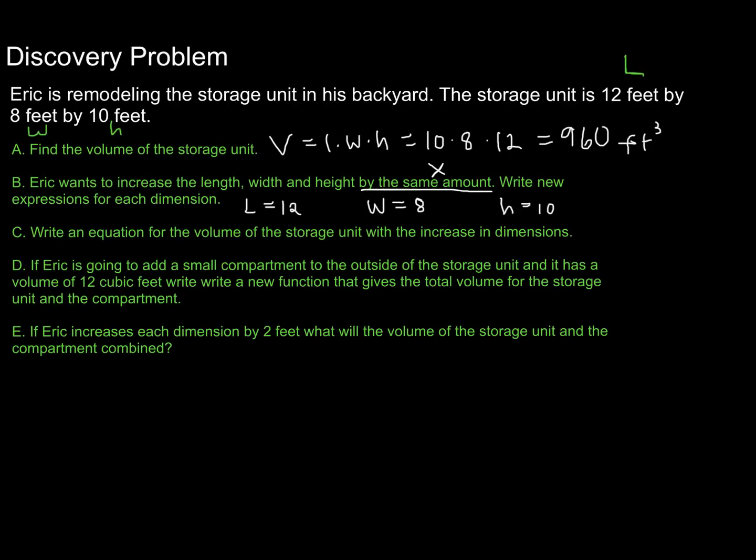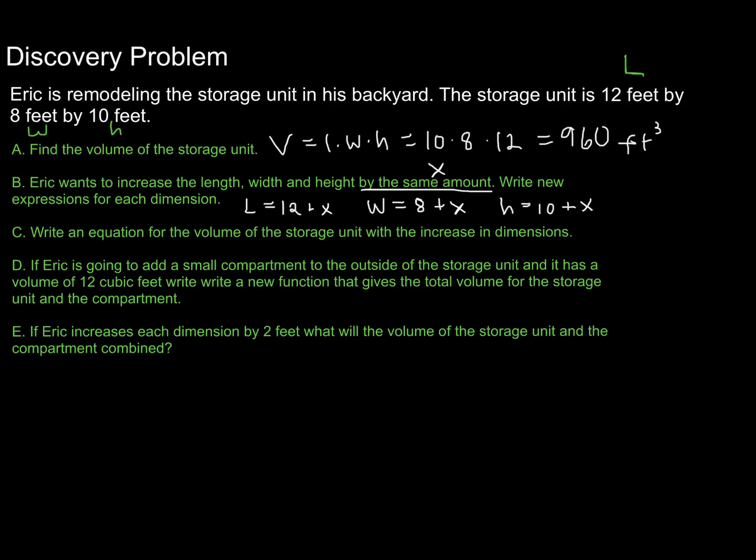Now we want to write new expressions for each dimension. The length was 12, but now we're adding this amount, x, so it's 12 plus x. Similarly, the width was 8, but now it's 8 plus x. And the height was 10, but now it's 10 plus x. What you'll notice now is that when we multiply the length by the width by the height, we get a slightly different situation.